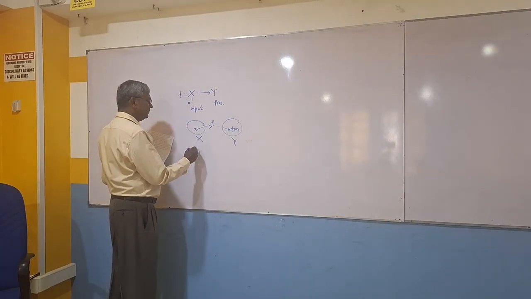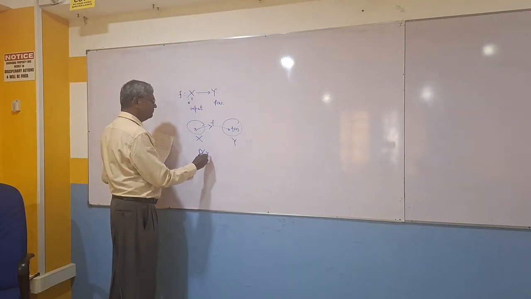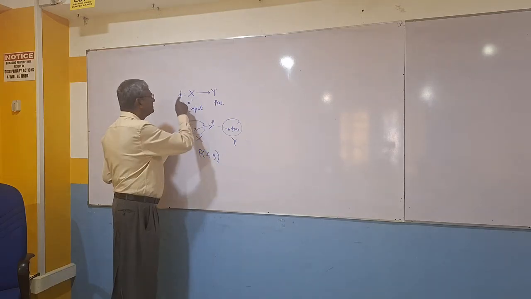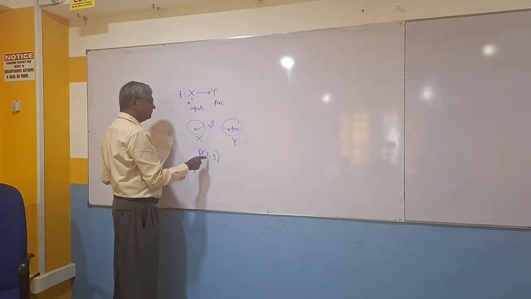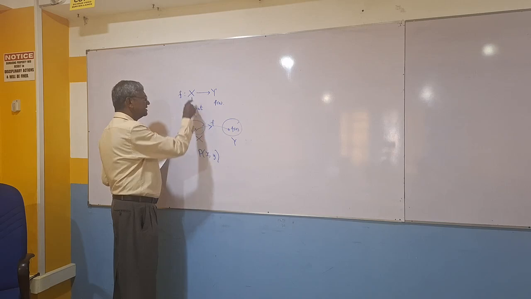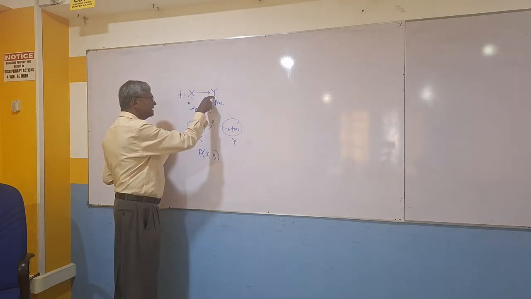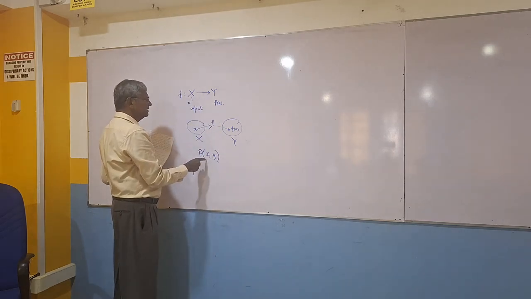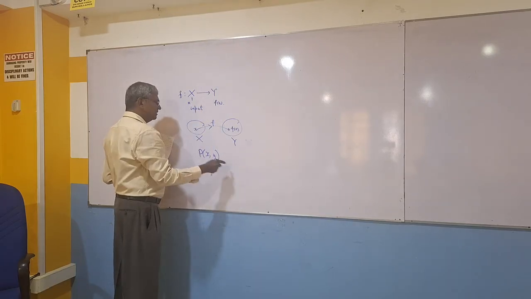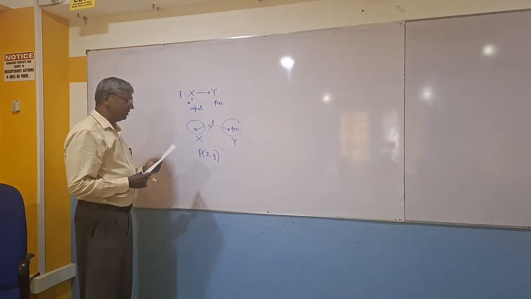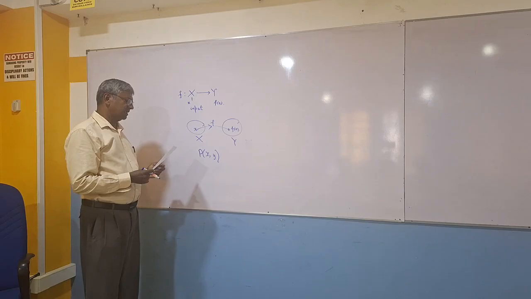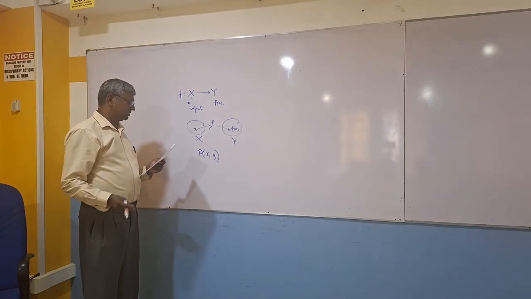What he says is, if you take any simple x from capital X, there is exactly one y in capital Y for which P(x,y) is true.